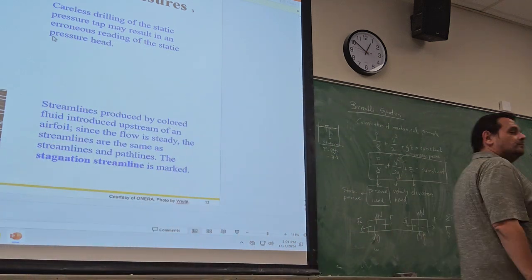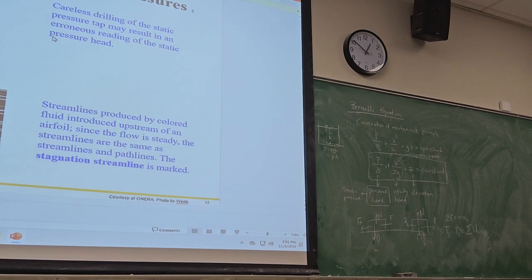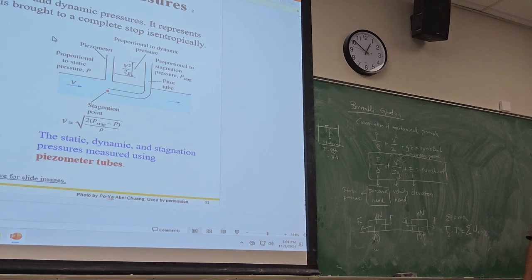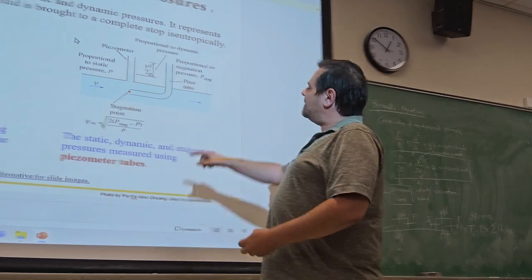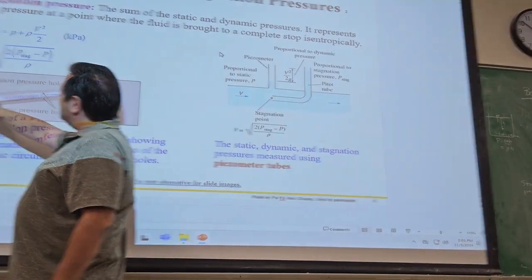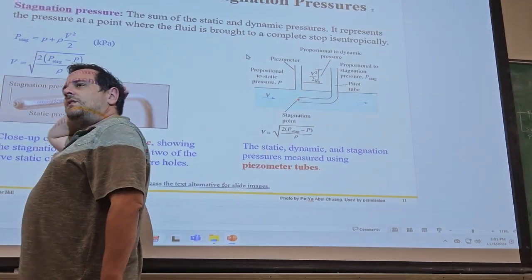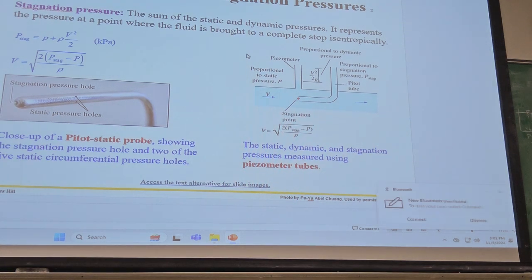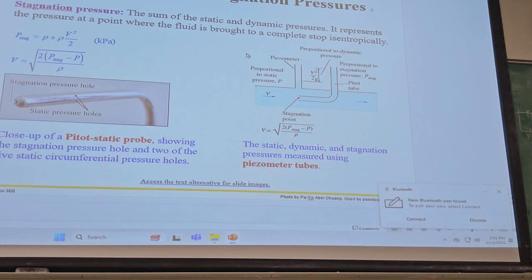Which one is the stagnation pressure? The stagnation pressure is at the stagnation point, right here at the tip of the tube, when it enters the tube. Okay? So that's what it is.